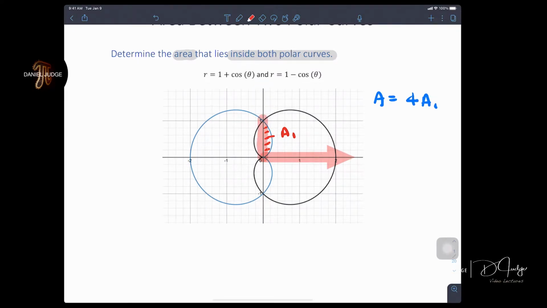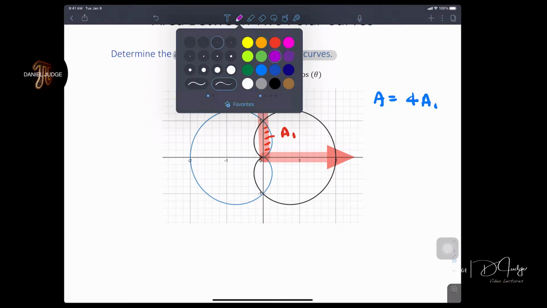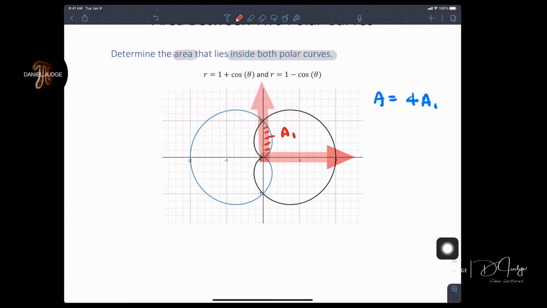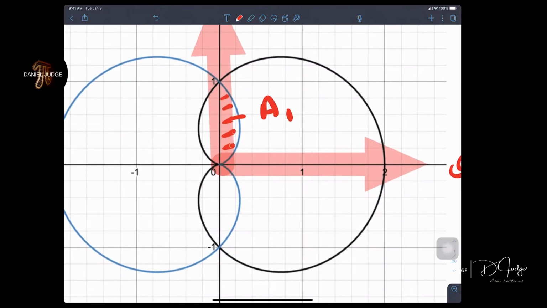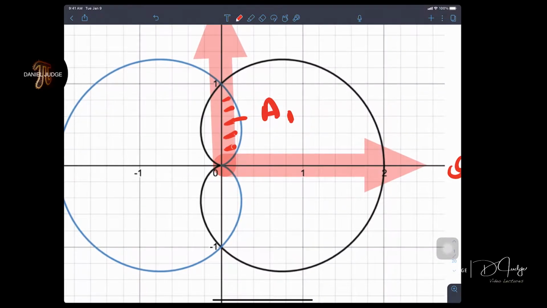There we go. So my angles, theta is 0 and theta is pi over 2. So that's what we use here to determine that area, that little sliver. We're going to just multiply it by 4.